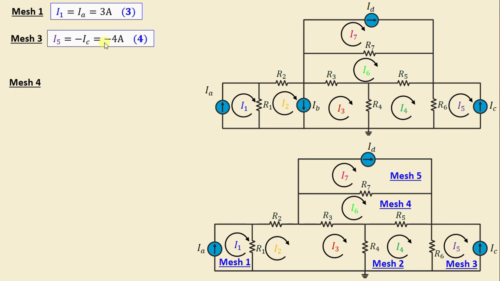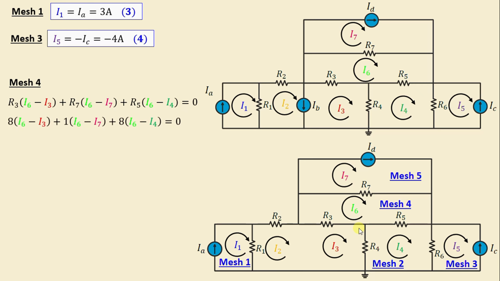Let's move on now to mesh 4. By applying KVL in mesh 4, we can write R3(I6 minus I3) plus R7(I6 minus I7) plus R5(I6 minus I4) is equal to 0. If we replace the resistors with their numerical values, we obtain 8(I6 minus I3) plus (I6 minus I7) plus 8(I6 minus I4) is equal to 0.